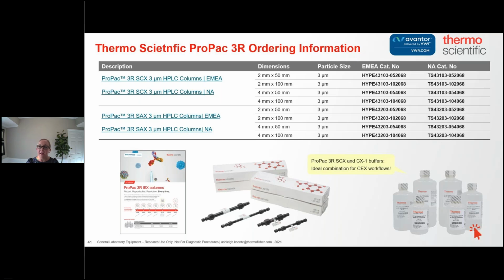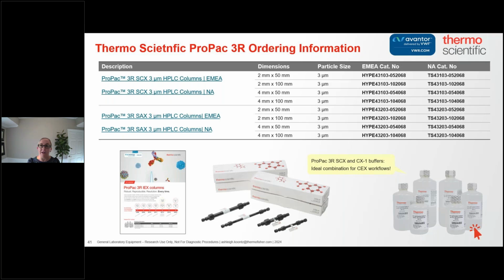Also keep in mind that the SCX and CX1 buffers are a really great combination to utilize. The CX1 buffers are a pH gradient, and they really simplify method development with a 10x dilution. It's an area where we get a lot of feedback, with maybe new technicians in the lab, or somebody making up buffers for the first time.